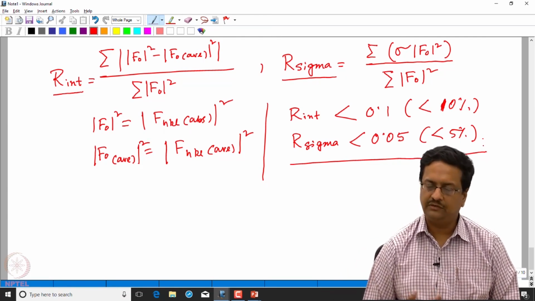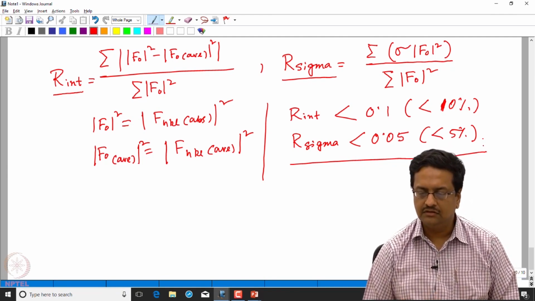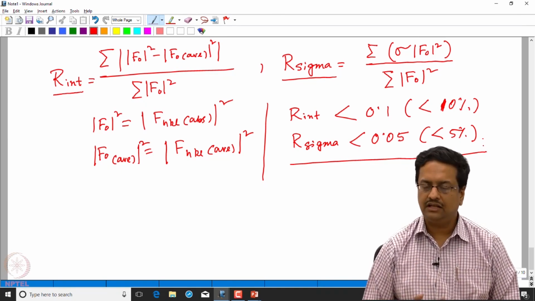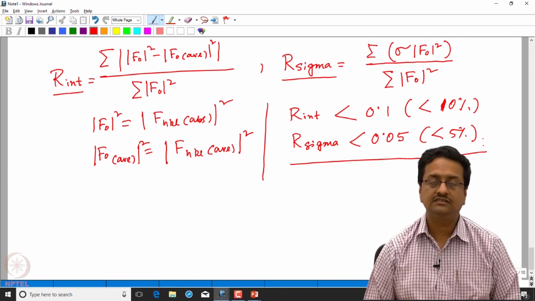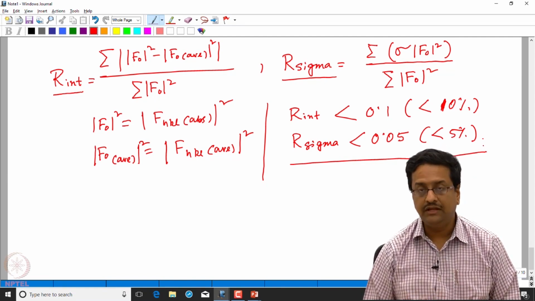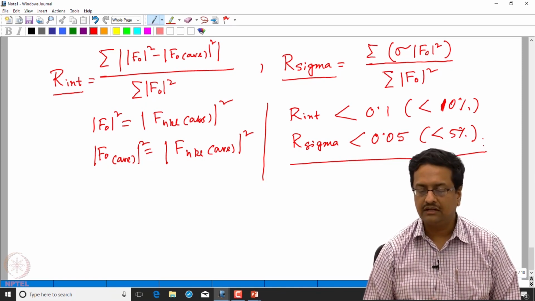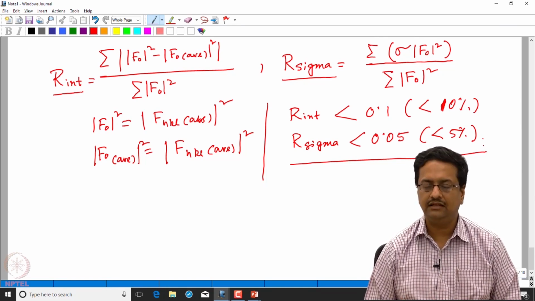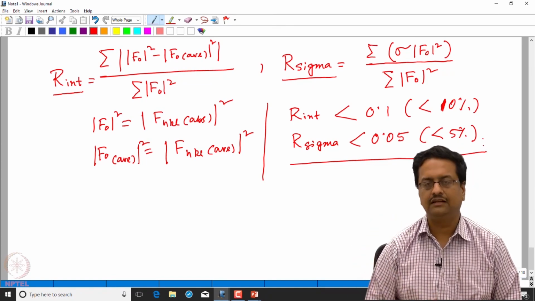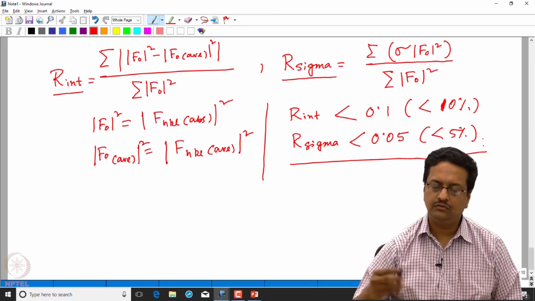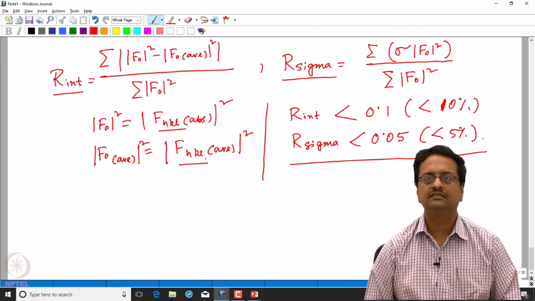Either we have not determined the unit cell correctly, or we may not have given a correct scaling, or there must be something else which is wrong, which may even be movement of the crystal during data collection, or ice formation during data collection, because ice gives you different kinds of diffraction peaks which can merge with your own crystal intensities and result in a wrong measurement of every intensity that you are using in this calculation.